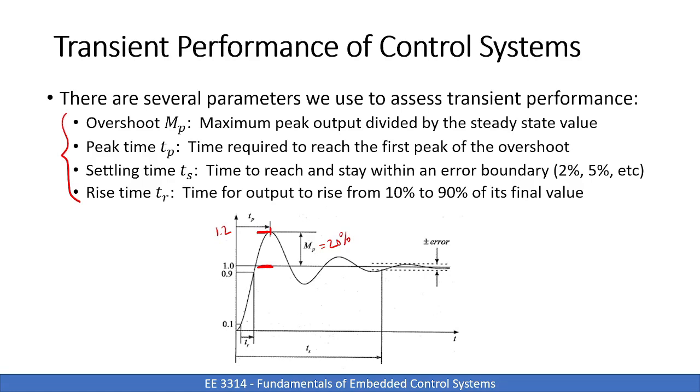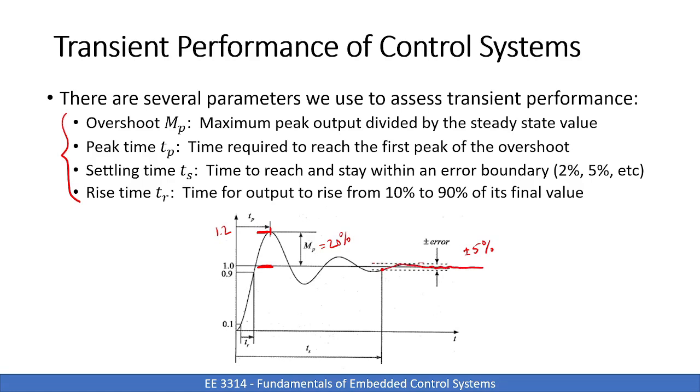So if we have this plus or minus error, say plus or minus 5% bounds, we're going to draw some dotted lines, kind of like this, right? Plus or minus 5%. Well, as soon as our signal is within those bounds for forever, which is right here, right? So after this point, the signal stays within those errors.